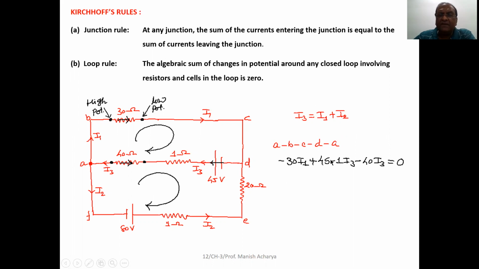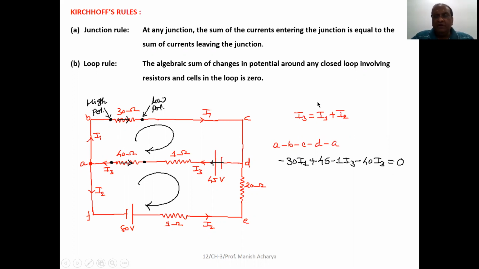Then see, the current I3 is flowing through the 1 ohm resistor, so the potential difference across the 1 ohm resistor is 1 I3. Then I3 current is flowing through the 40 ohm resistor, so the potential difference is 40 I3.